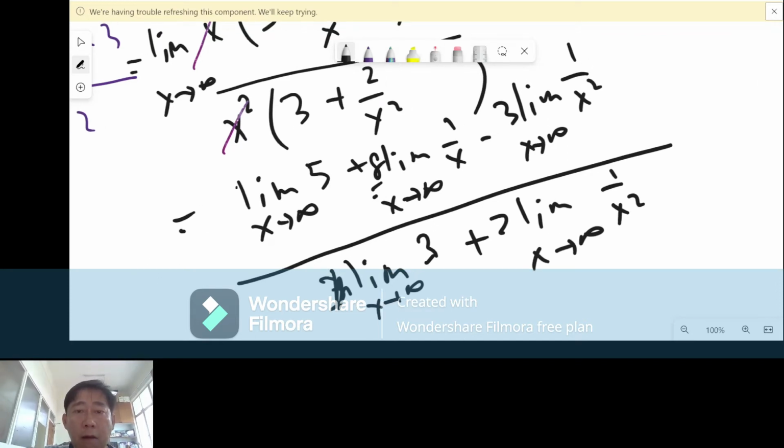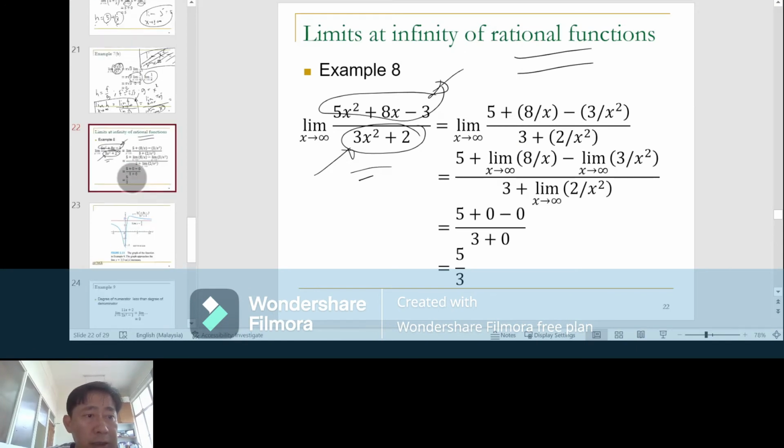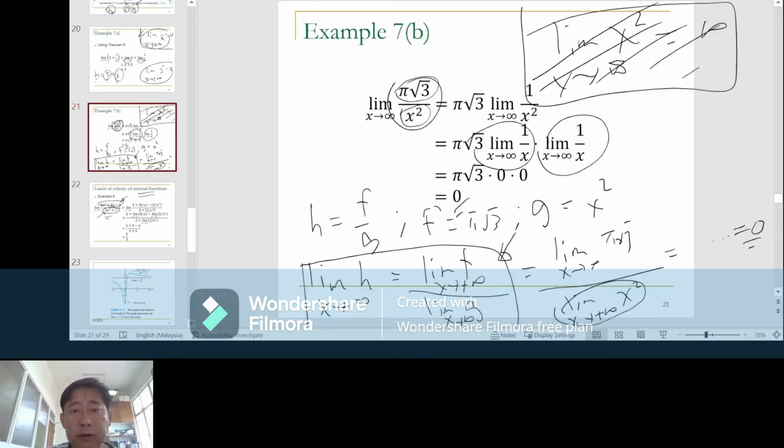The limit of 1 over x squared when x tends towards infinity has been discussed earlier, when we were discussing example 7b. The limit of 1 over x squared is just a product of the two limits of 1 over x when x tends to positive infinity. So anyway, 1 over x squared is 0.